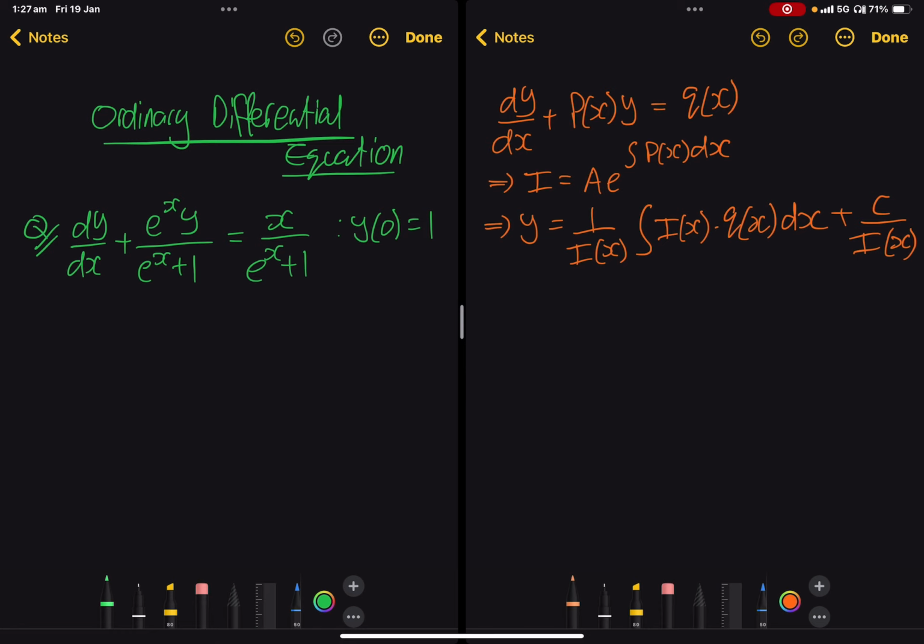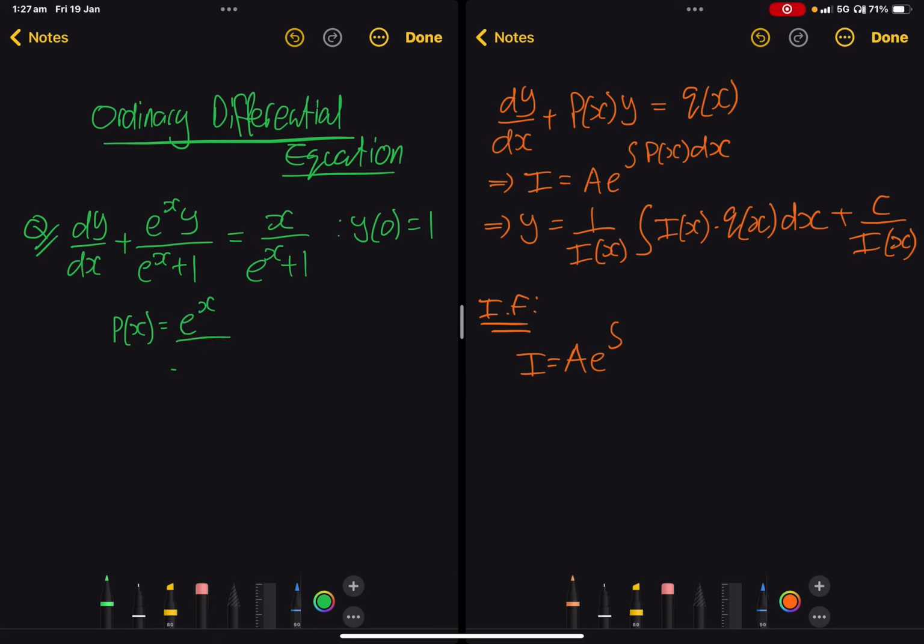So first we need to find the integrating factor. So integrating factor is our first step. So I is going to be a times e, where e's power is the integral of p of x dx. Now over here we can see p of x is going to be equal to everything that gets multiplied by y.